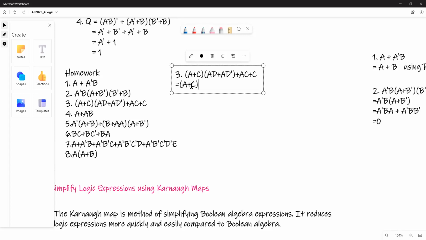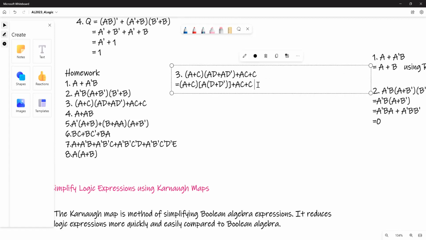If I take A out, let me use a different bracket, A out, then we will take D plus D bar, plus I will take this as the same thing. I will do it in the next step. So which law have I applied here? I'm going to take the common one out. Now I can simplify.